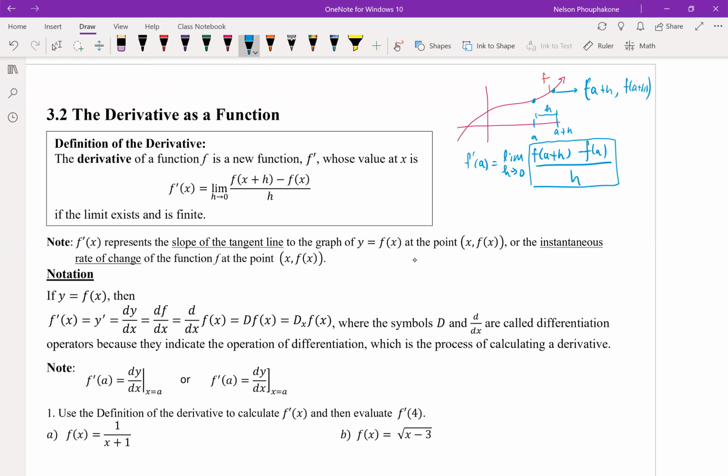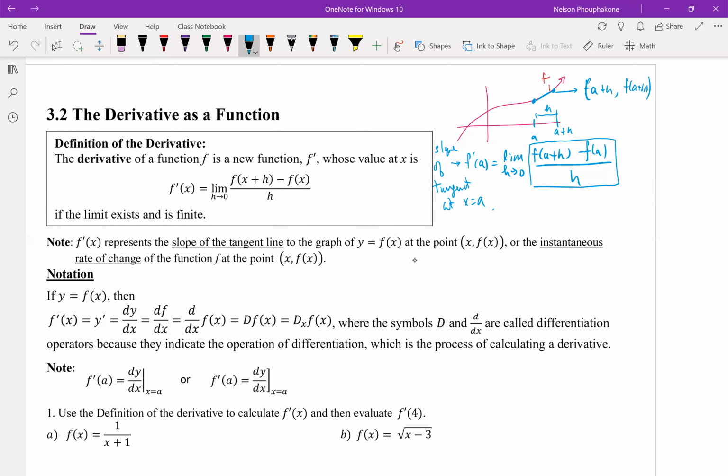What we are looking for is the rate of change between these two points. That is the difference quotient. Then as h approaches 0, this is the slope of the tangent at x equal to a. This is what we learned in the last section.